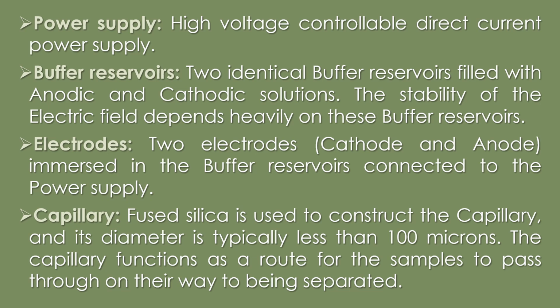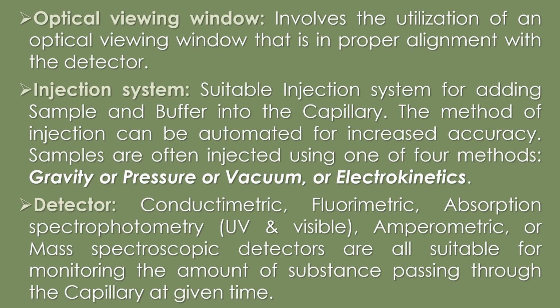The capillary functions as a route for the sample to pass through on its way to being separated. Optical viewing window. Capillary electrophoresis involves the utilization of an optical viewing window that is in proper alignment with the detector. The viewing window makes it possible to observe the separation process while it is taking place.